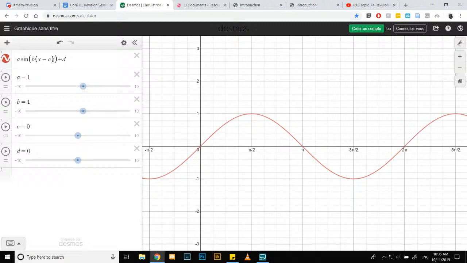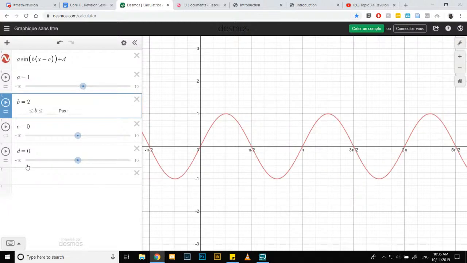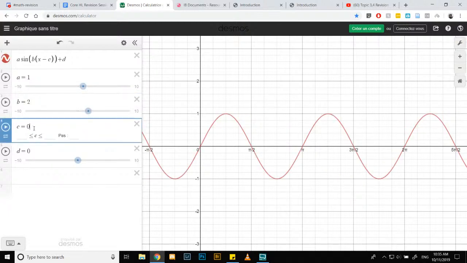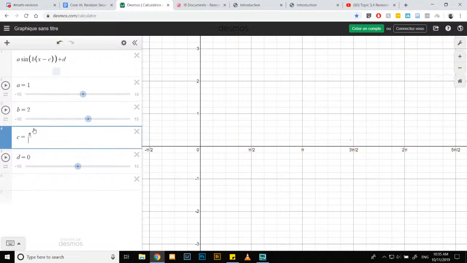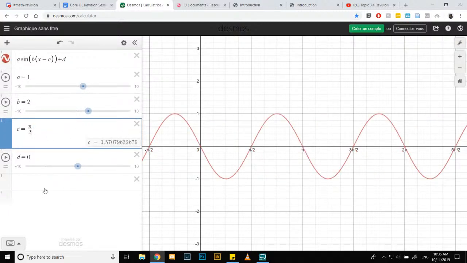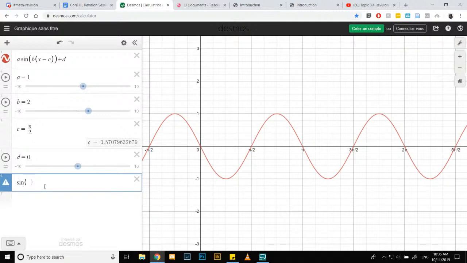Notice another important thing: when you're applying these transformations, you have to keep the x nested within the b. So say we had a scaling factor for b which was 2, and we also wanted to move it across by pi over 2. We would actually have to say sine of 2 times (x minus pi over 2).